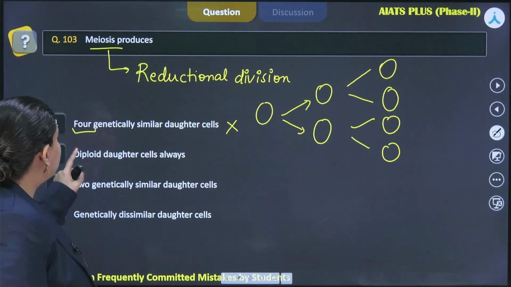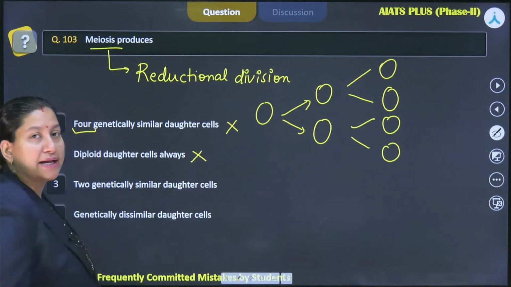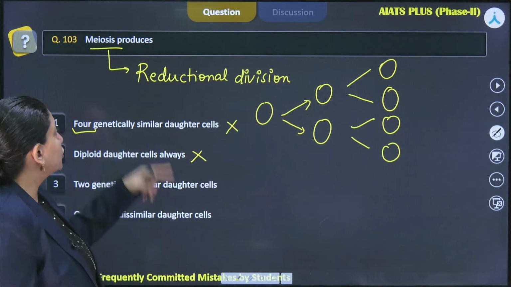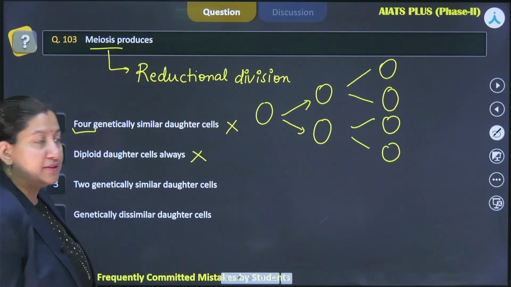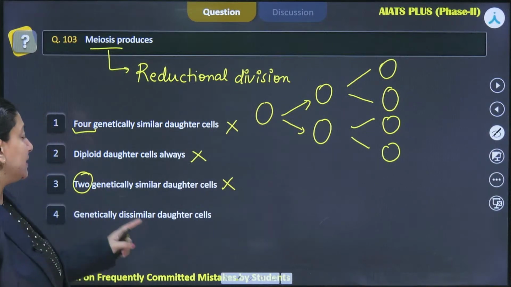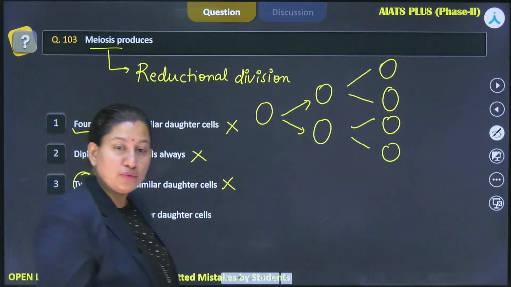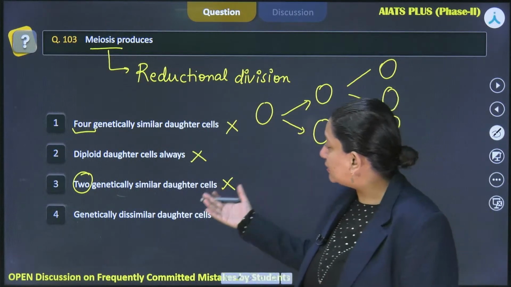The next option is saying diploid daughter cells always. So that's incorrect again, because as I've told you, it's a reductional division, so it's going to reduce the ploidy. Then 2 genetically similar daughter cells, again incorrect, there will be the production of 4. And then 4 genetically dissimilar daughter cells, as many of you are saying, right, Purvi and many others, that it is going to be the 4th.